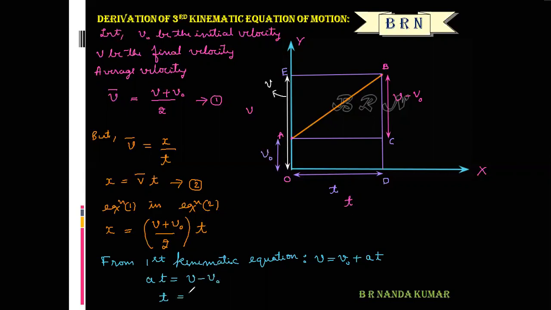So t is equal to v minus v naught divided by a. Call this equation number 3.